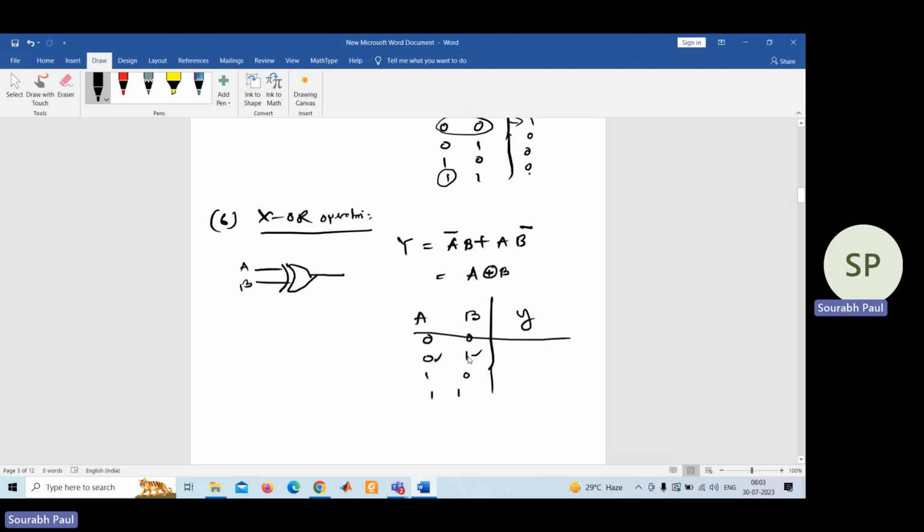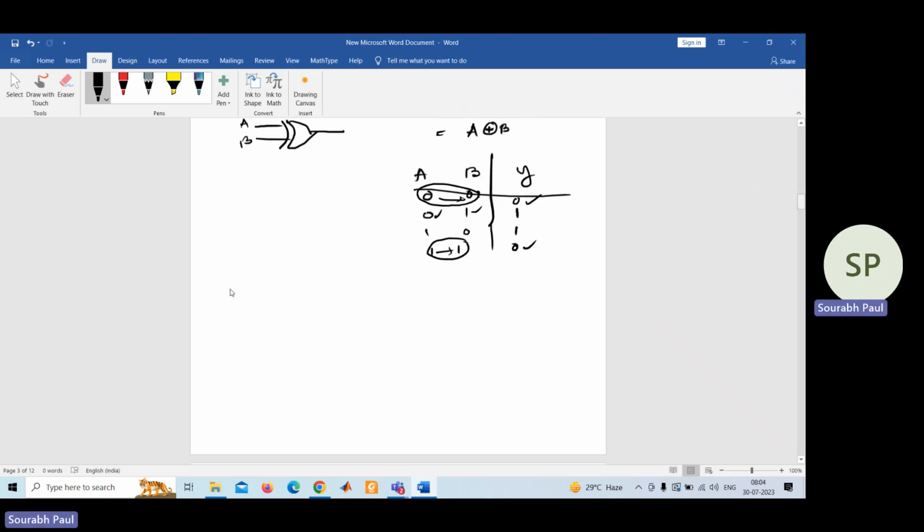Okay, so the inputs are complementary to each other. Then only the output will be 1, and for the remaining case, the output will be 0. Remaining case means if both the inputs are same. So in this case, the inputs are same, these are 0, 0. In this case, inputs are same, these are 1, 1. And in these cases, your output will be 0. If the inputs are different, then only the output will be 1 in case of XOR.